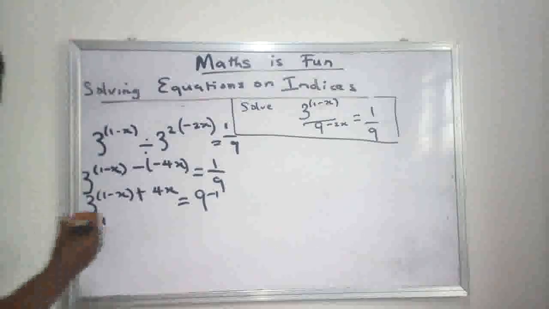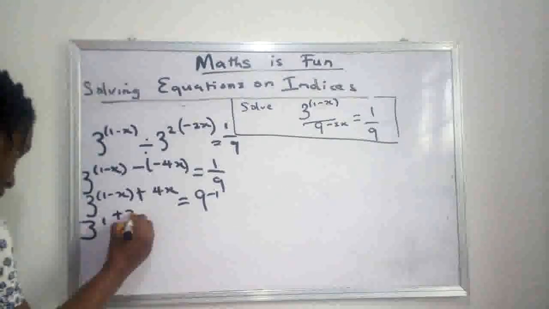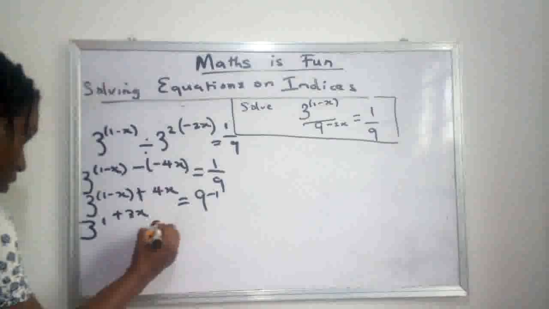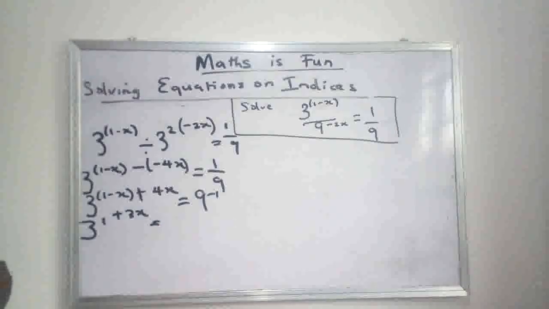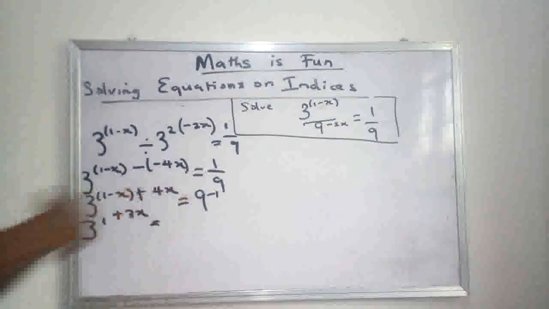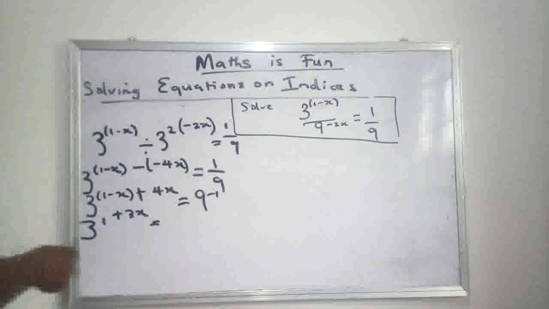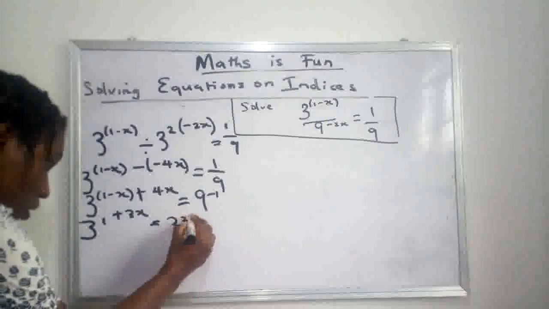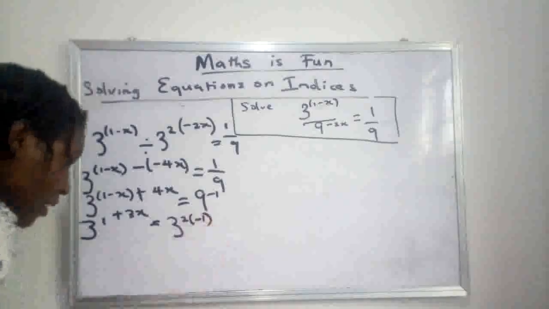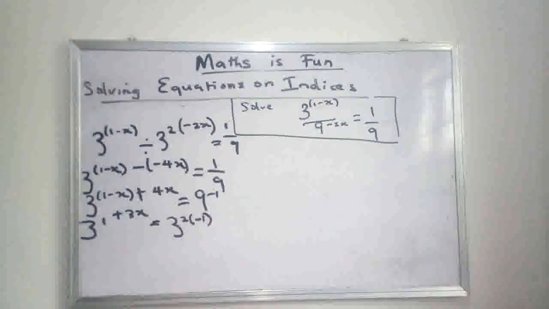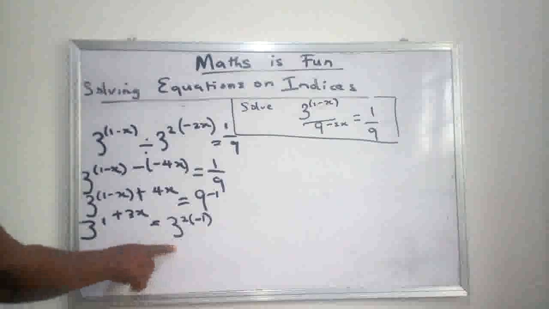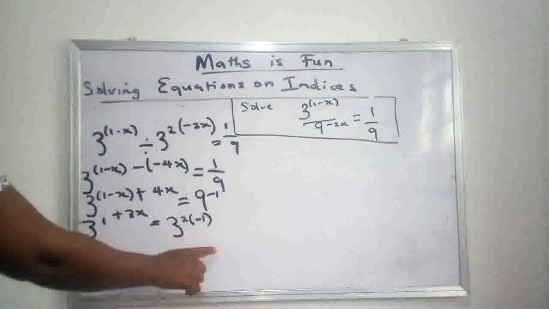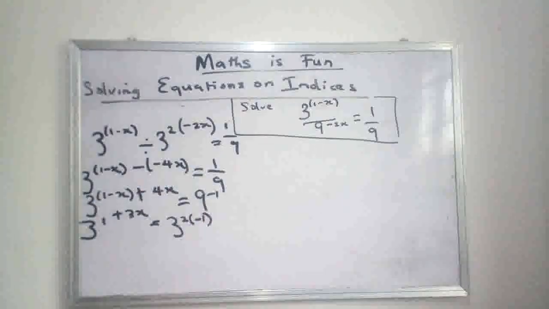So that will mean plus 3x is equal to, if you want to change this 9 raised to the power minus 1 to be a base similar to this, we'll be having 3 raised to the power 2 multiplied by minus 1. So this 9 just simply changed to 3 raised to the power 2, and your minus 1 is still out here. Alright?